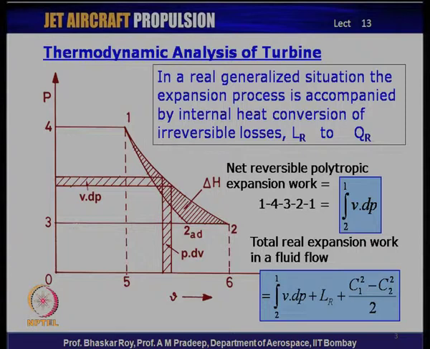So, those are the terminologies that come when you have a flowing fluid through the turbine, as we normally have in jet engines, and loss of course, is what occurs during the process of the fluid flow through the turbines. So, this is how we can start making a thermodynamic analysis, and to begin with we are using the PV diagram.